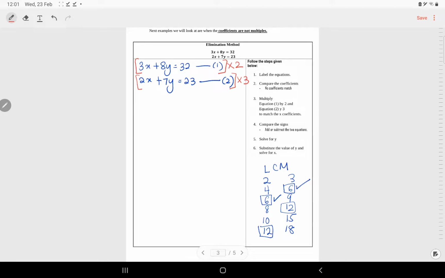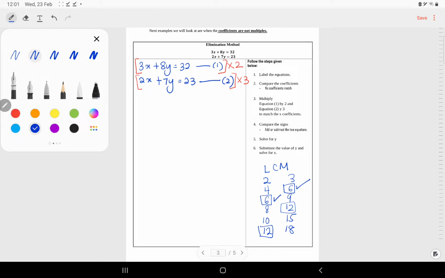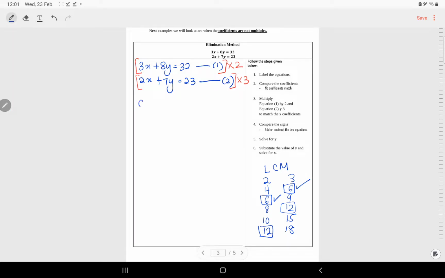So now what we get is 6x plus 8y times 2, 16y, equals 32 times 2, 64. I will label that as equation 1 dash.